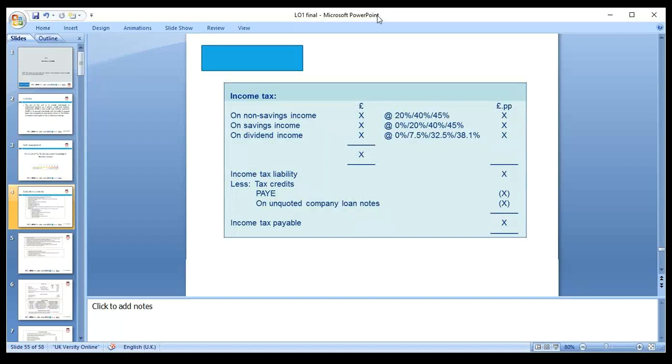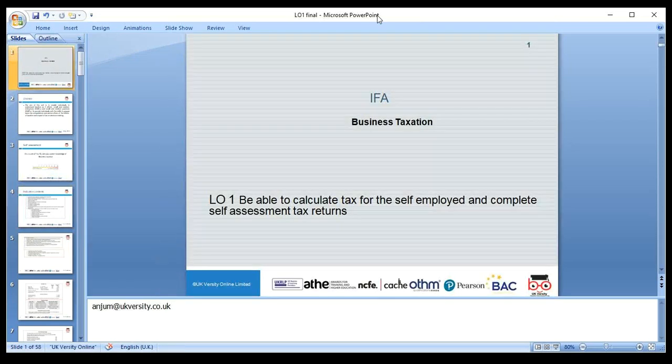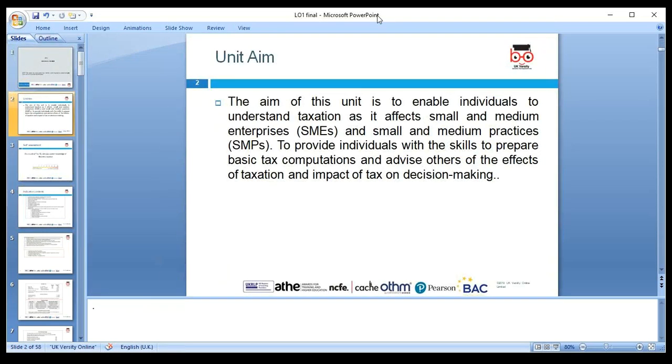Yes, sir. Can I ask you a question, please? Yes, sure. We talked about the benefit in kind if we have a company car, and then the individual allowance could go down depending on the value of the benefit.